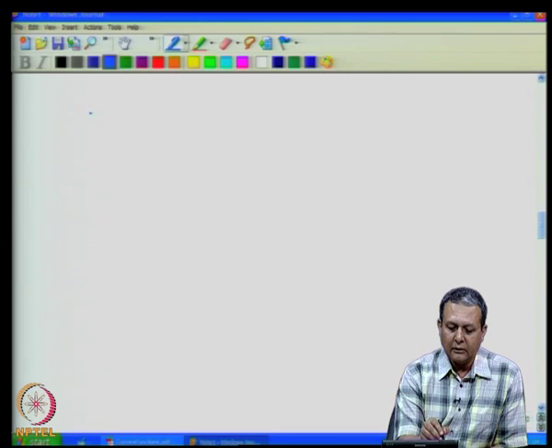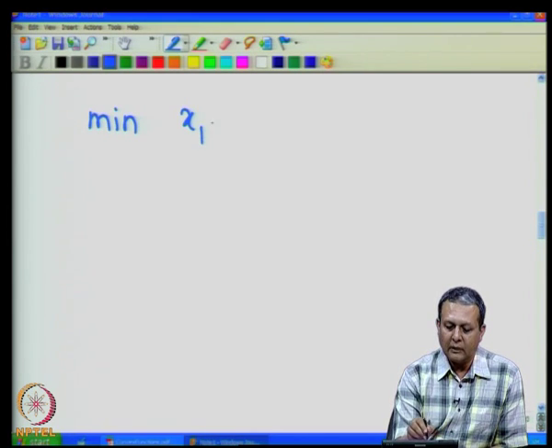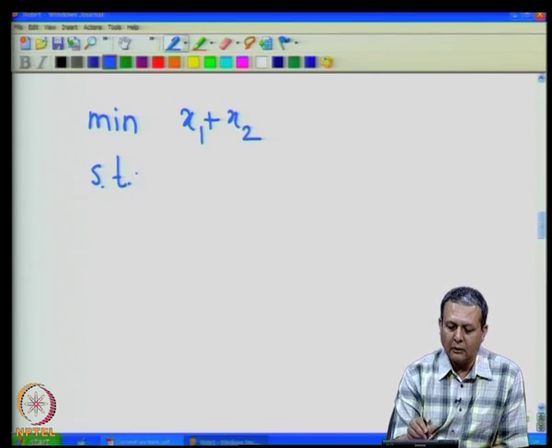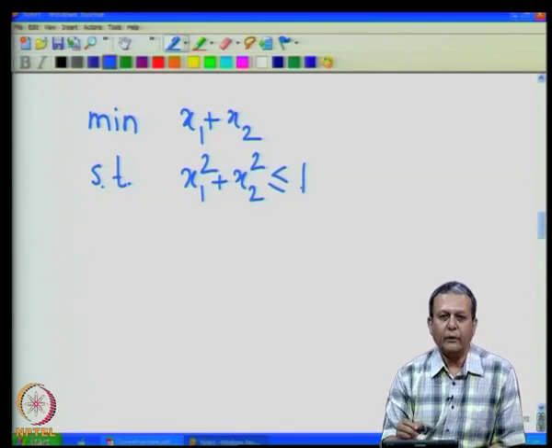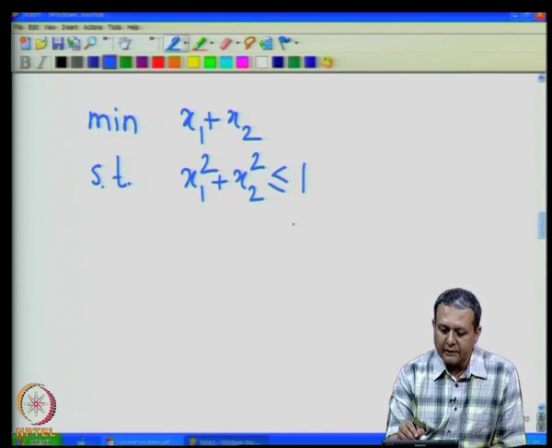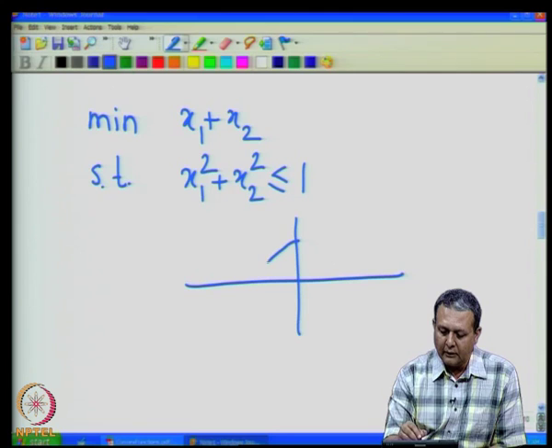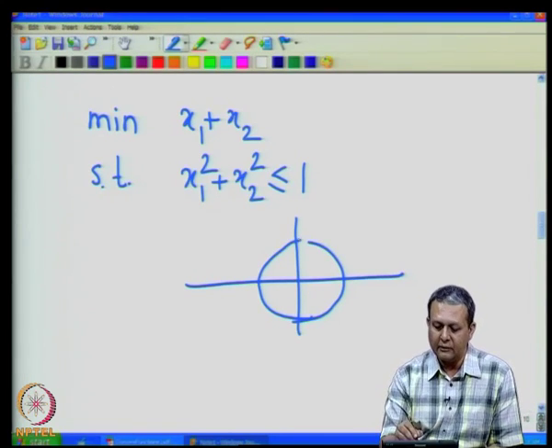Let us consider: minimize x1 plus x2 subject to the constraint that x1 square plus x2 square is less than or equal to 1. If we take this constraint set, it is a circle with center 0 and radius 1.